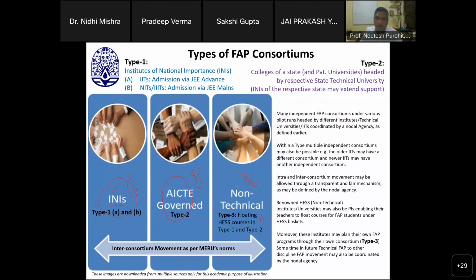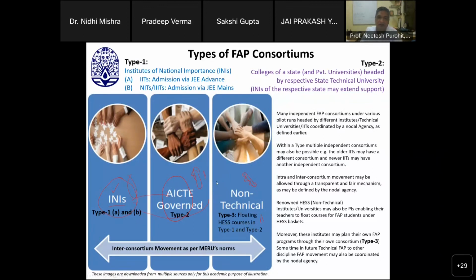So that is the idea, that there should be at least three different consortiums. There should be provision for the intra-consortium movement, and there should be a provision for the inter-consortium movements too. So that is the larger idea, how the highest quality education should be guaranteed or ensured.